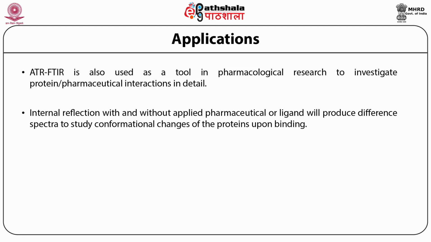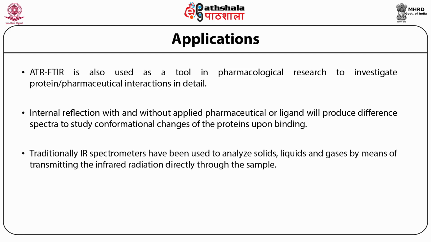upon binding. Traditionally, IR spectrometers have been used to analyze solids, liquids, and gases by means of transmitting the infrared radiation directly through the sample. Where the sample is in liquid or solid form, the intensity of the spectral features is determined by the thickness of the sample, and typically this sample thickness cannot be more than a few tenths of microns.